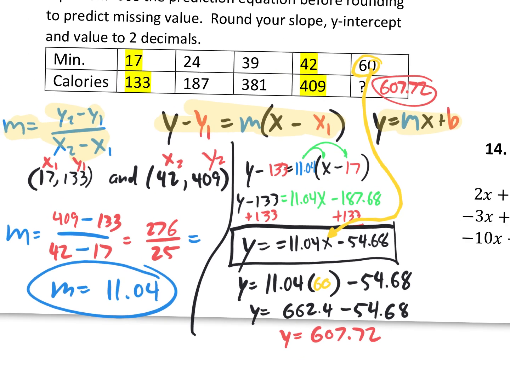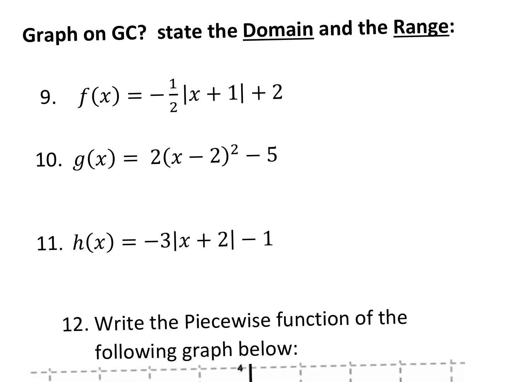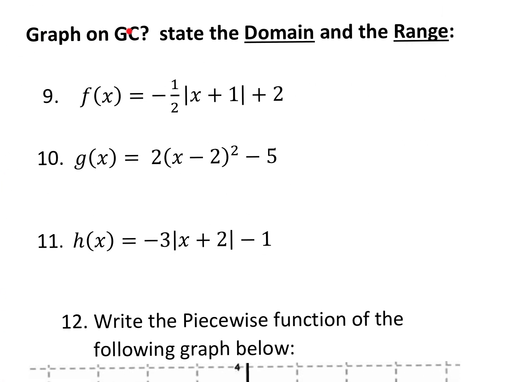All right, moving on. These are fun. It says graph on a graphing calculator. We're not going to use a graphing calculator. We know what these look like just by understanding the A value, the H value, and the K value, right? We already know that this is going to be a graph that's like a V, where your HK is negative 1, 2.